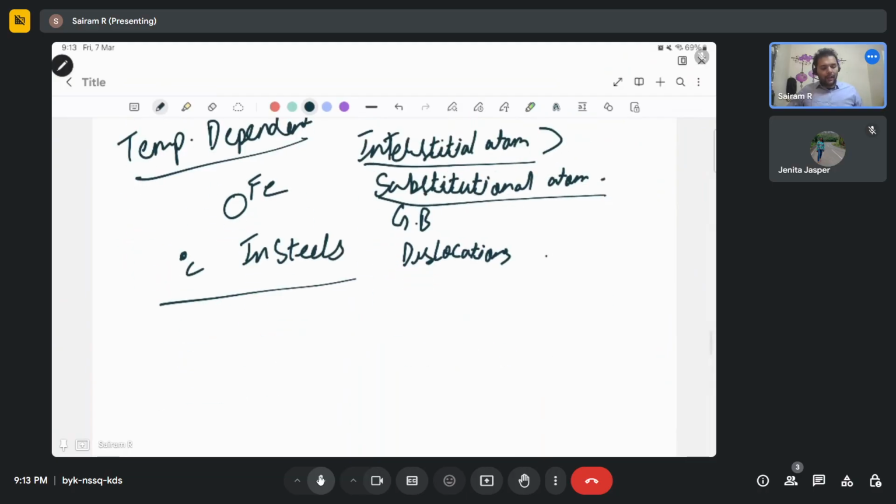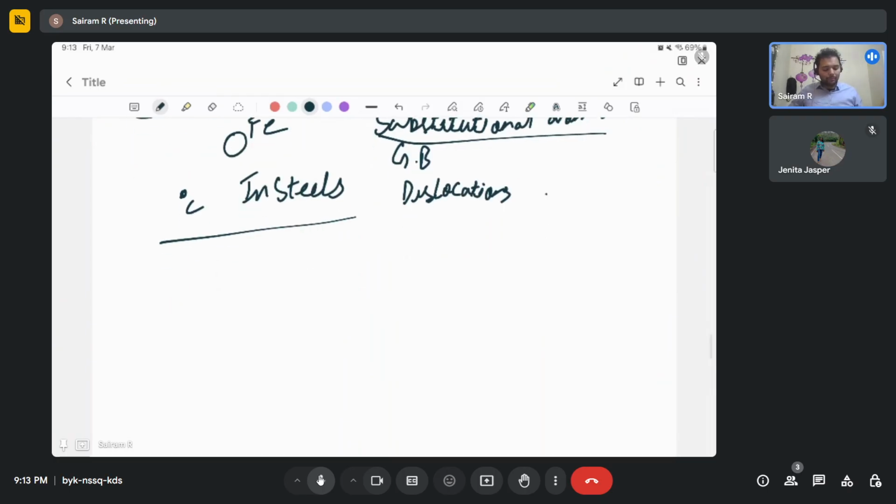So smaller moves faster, larger moves slower. The time taken for this movement, which here is known as the relaxation time, is temperature dependent.